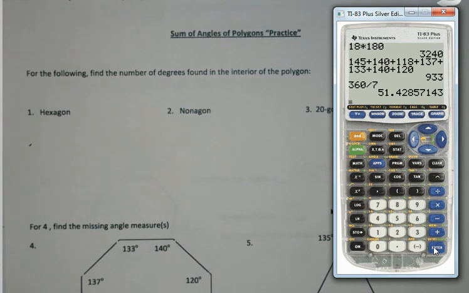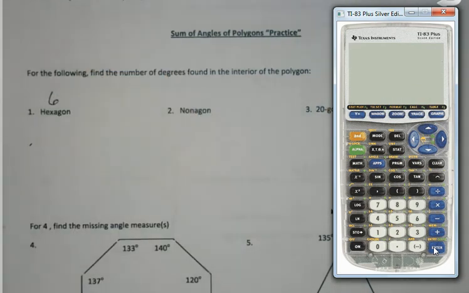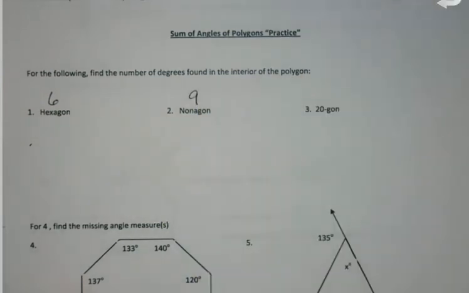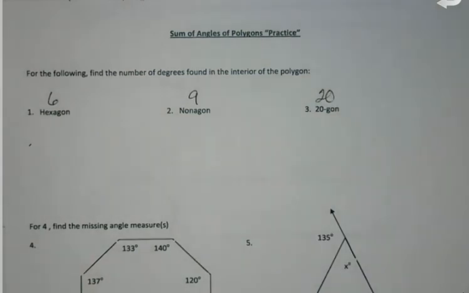Everybody's like 6. Okay. What about a nonagon? 9. Okay. And I think 3 is fairly obvious. But otherwise, you're going to just use the formula. And then 4 and 5 are like some of those last couple that we were up to. Okay. So we've got that off to your side here.